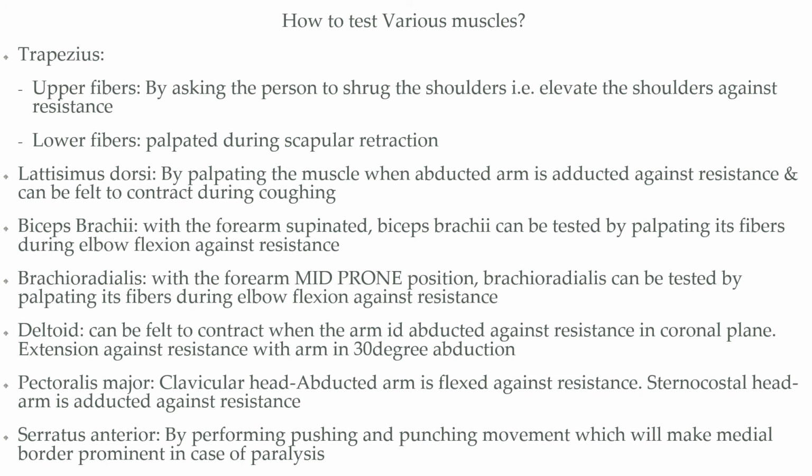Serratus anterior can be tested by asking the subject to perform pushing and punching movement and then seeing whether the medial border and the inferior angle become prominent or not. If the medial border and inferior angle become prominent on performing pushing and punching movement, this indicates the serratus anterior muscle is intact, and if they do not become prominent, this indicates paralysis of the serratus anterior muscle.